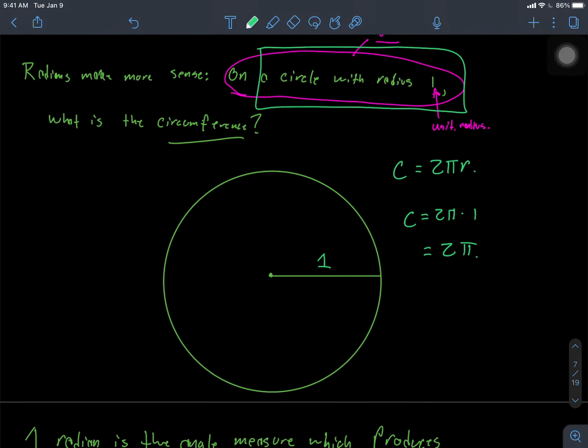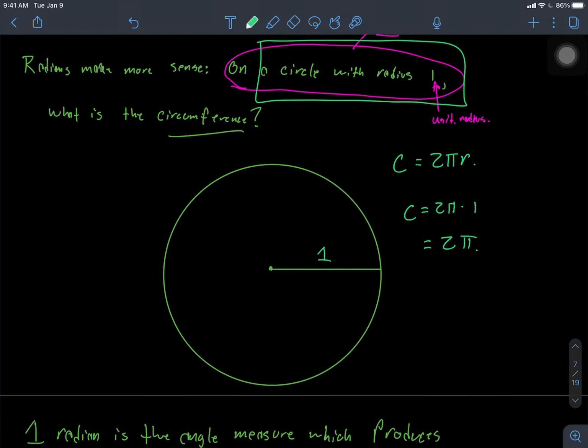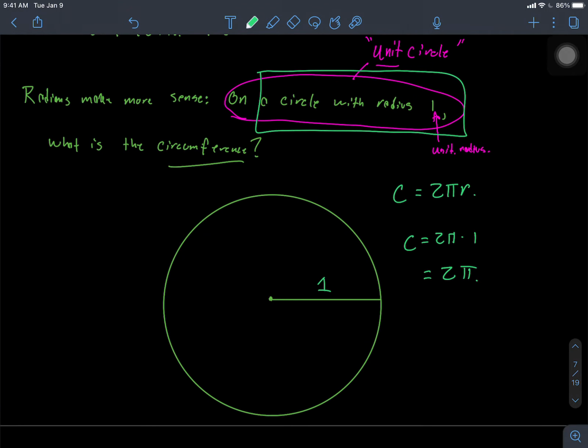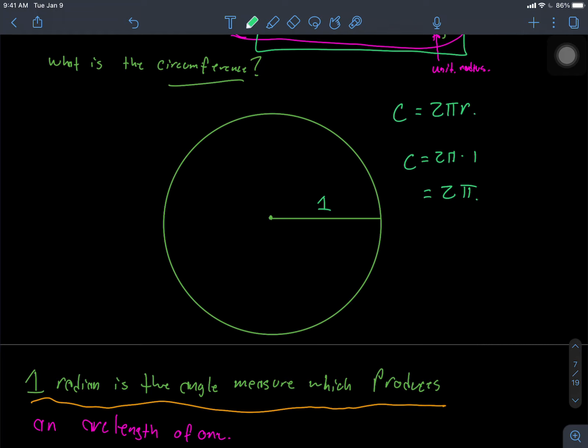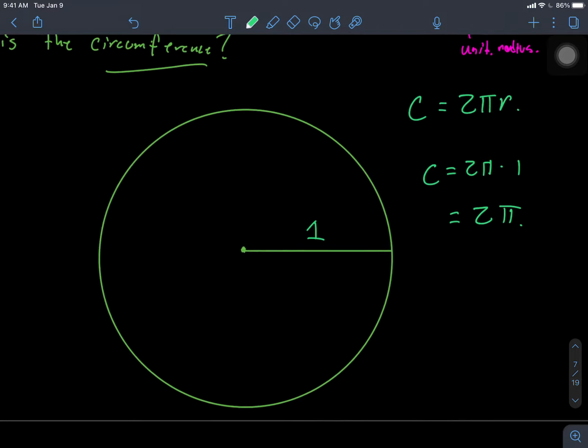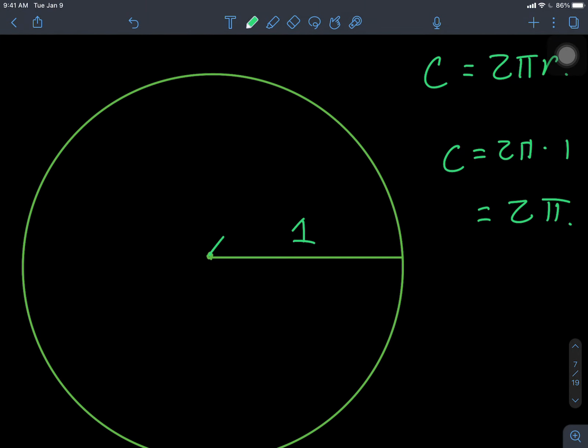And now the kind of clever way that we define a radian is we say that 1 radian is the angle measure which produces an arc length of 1 on the unit circle. So if I draw in 1 radian, maybe it looks something like this.